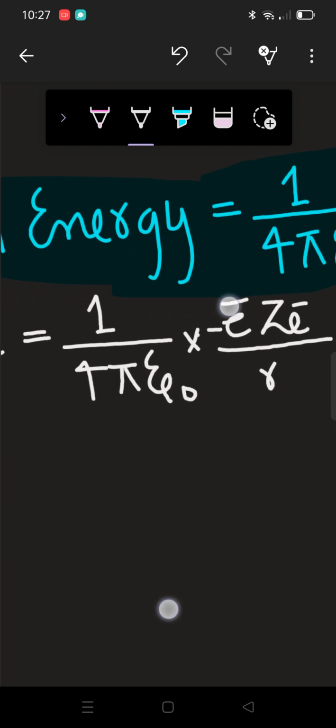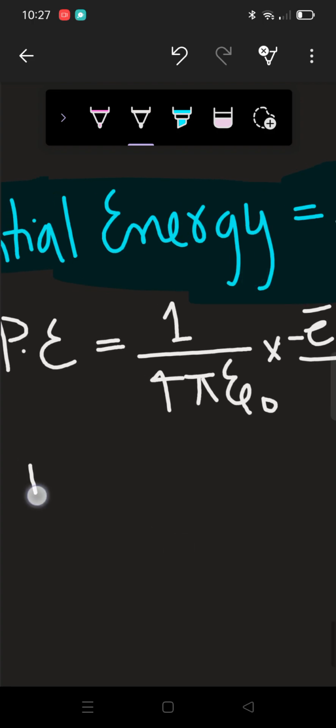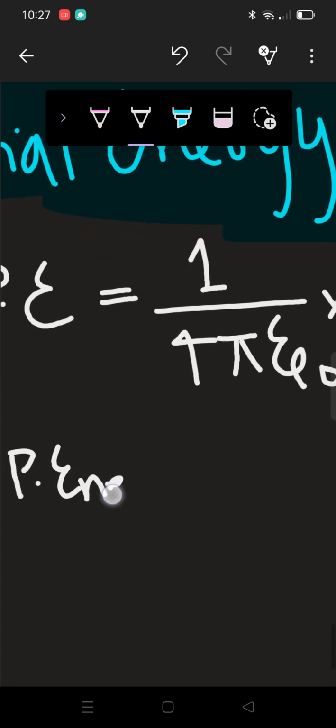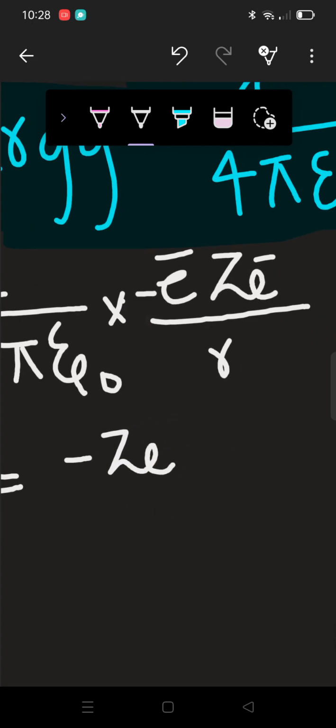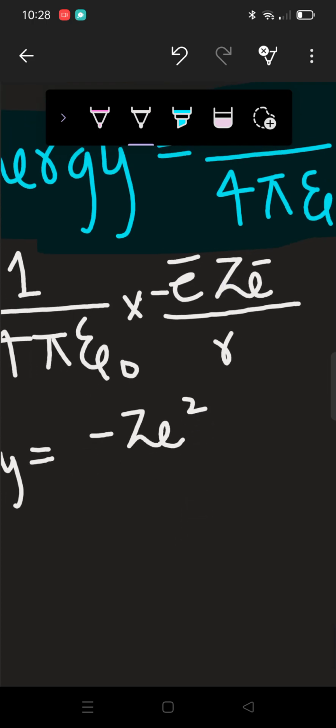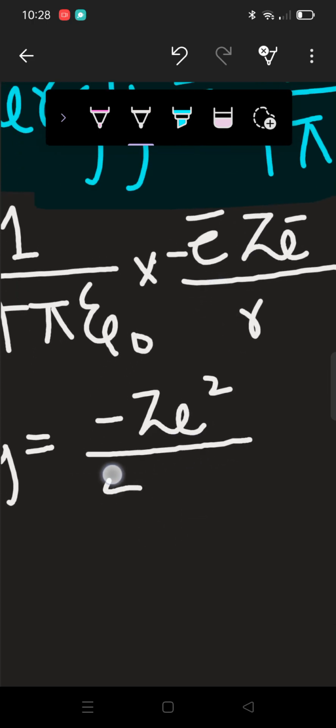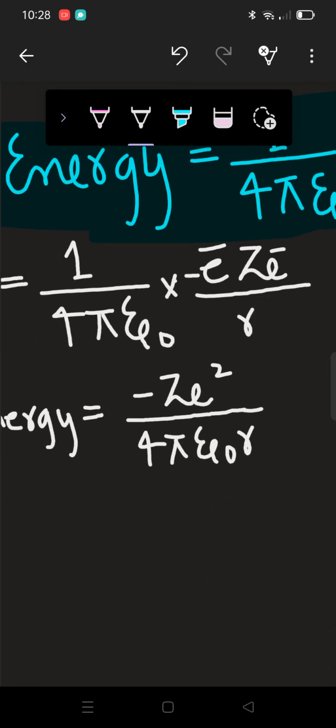Now if I solve this, potential energy will be equal to minus Ze square by 4 pi epsilon naught r.